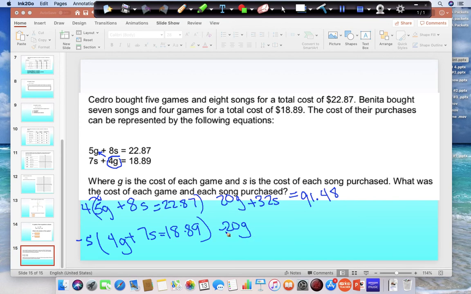And you can see here why I ended up picking the opposite of 5, which is negative 5, so that we can cancel out the 20G and the negative 20G. Negative 5 times 7S gives us negative 35S. And negative 5 times 18.89 is negative 94.45.